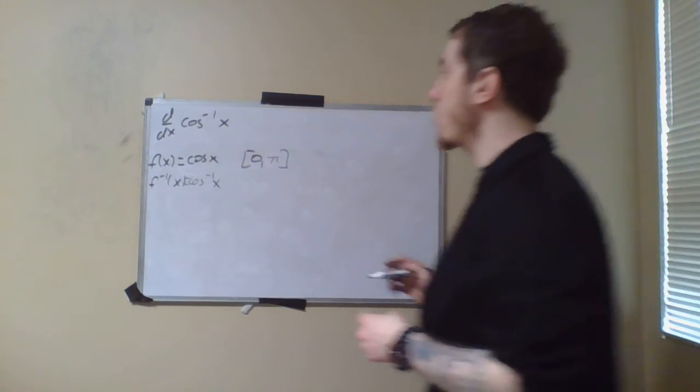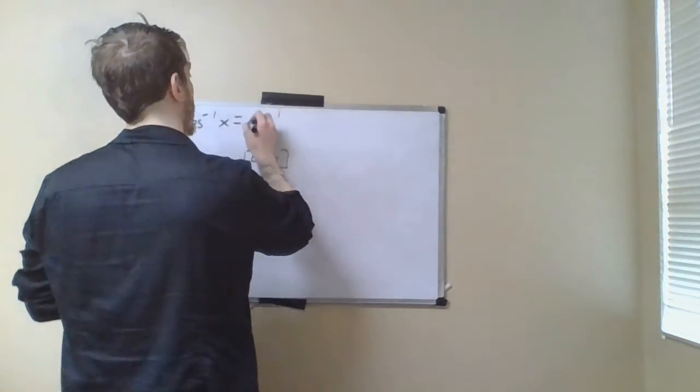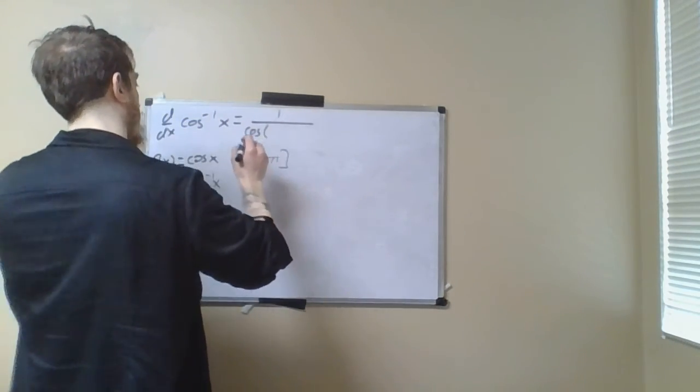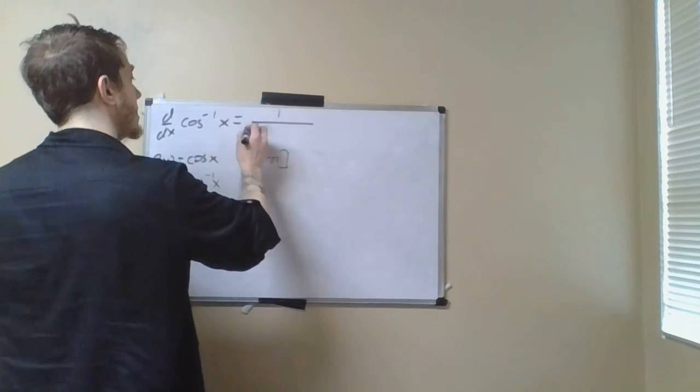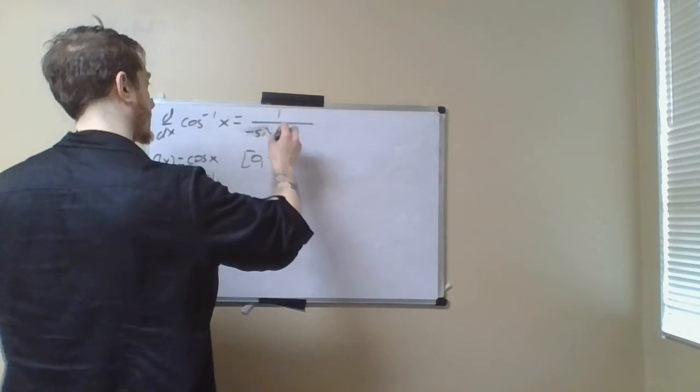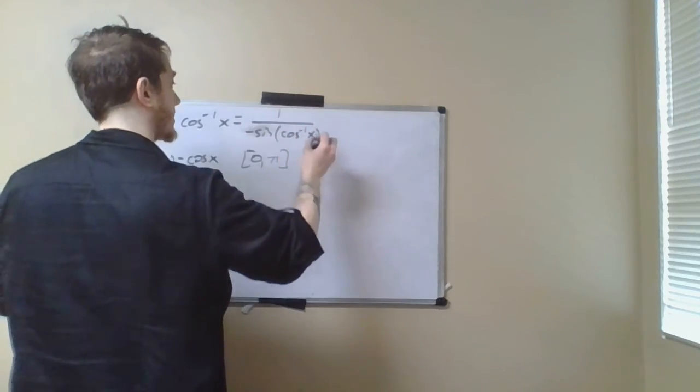All right, so how did that go for you? So this is going to be 1 over negative sine of cosine inverse x.